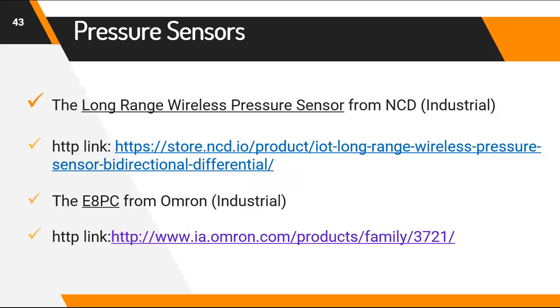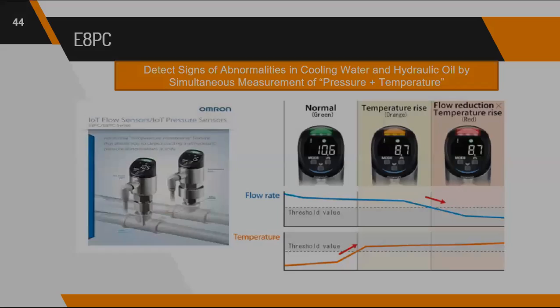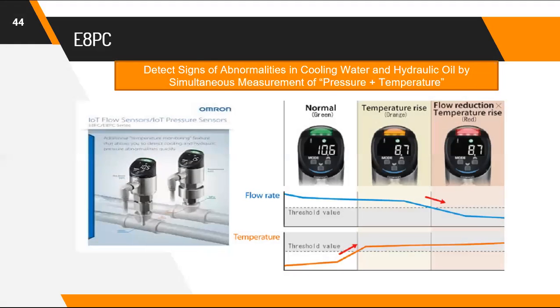I've given a picture of the two sensors which are used for measuring pressure and temperature. I've put the text also. So this E8PC sensor checks for abnormalities in your cooling water and also your oil by simultaneously measuring pressure and temperature.